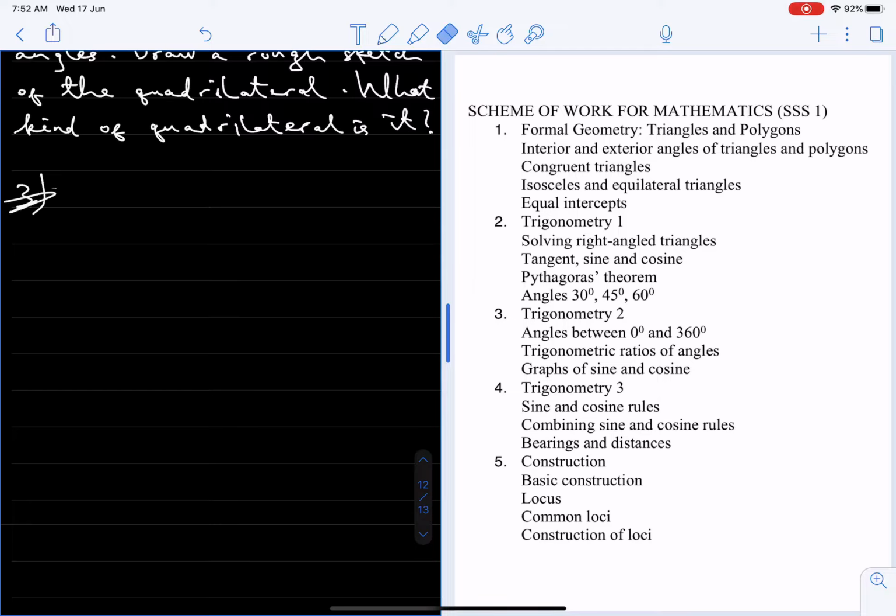Okay, don't let me give you this as an exercise. I'll give you that as homework. This is going to be number 3.